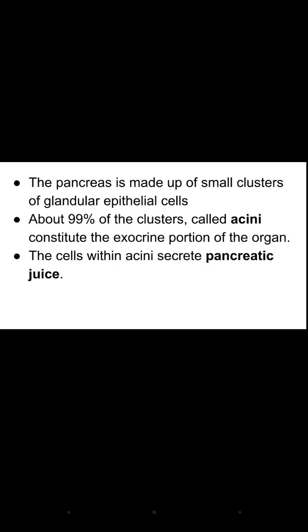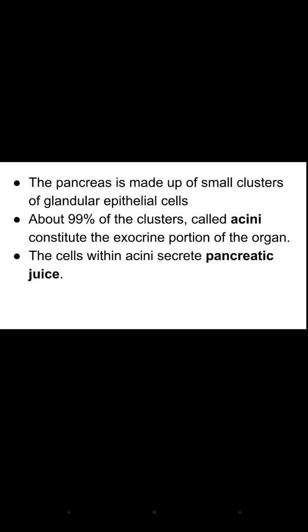Now the pancreas is made up of cells. These cells are glandular epithelial cells. 99% of these cells are known as acini and 1% of these are the pancreatic islets of Langerhans.